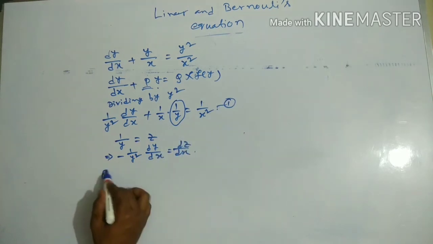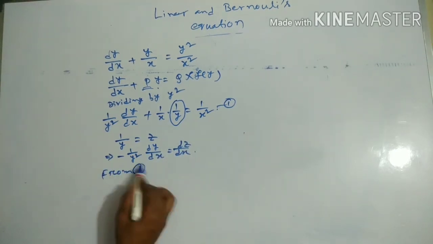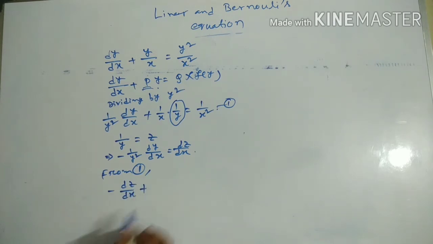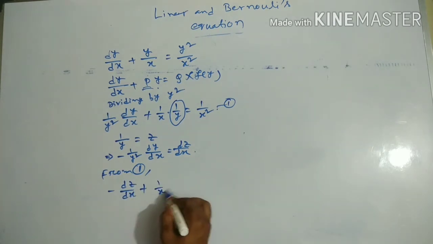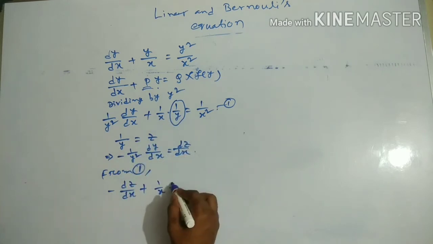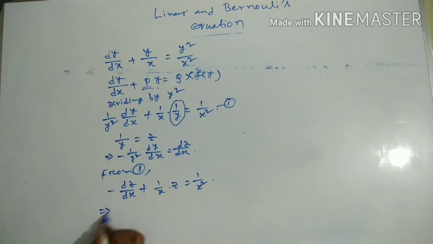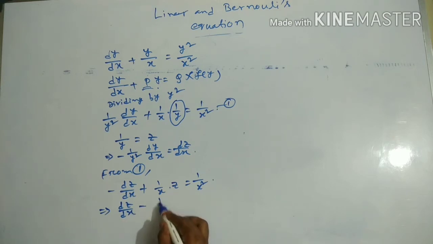So from equation 1 we get −dz/dx + (1/x) z = 1/x². Now we are dividing the whole equation by minus, that is dz/dx − (1/x) z = −1/x². Now you see that this equation is a linear equation in z.